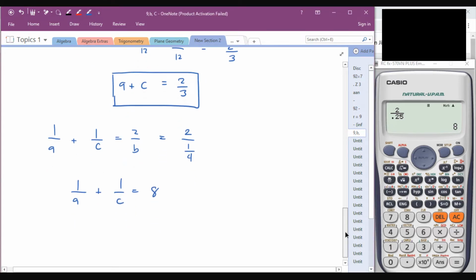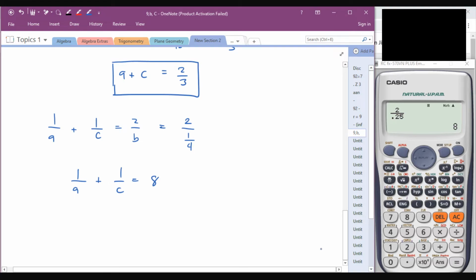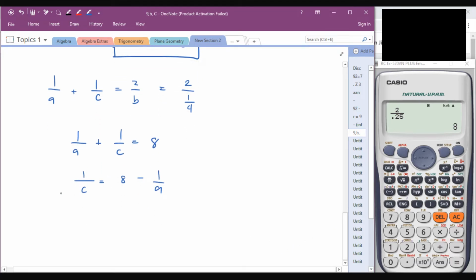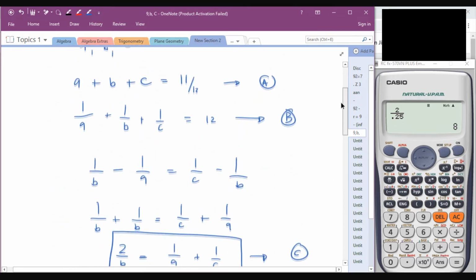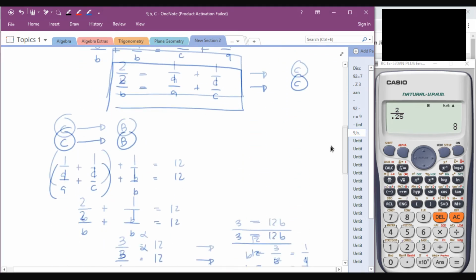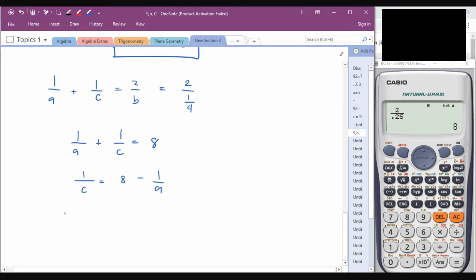So, 1 over A plus 1 over C is 8. So, pwede natin i-reform: 1 over C is equal to 8 minus 1 over A. Okay. Meron na tayo niyan, ha? Another equation na naman to. Pwede na yan. So, going back dito sa condition nandito sa taas, yan, sa letter B: 1 over A plus 1 over B plus 1 over C, that is equal to 12.